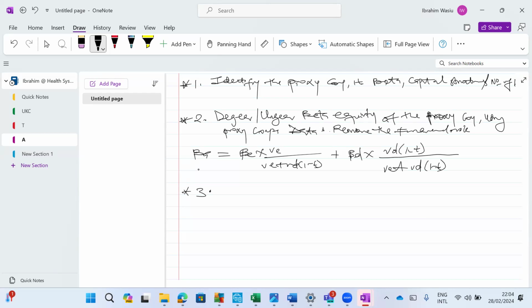Now, step 3 is: how do you want to finance it? Do you also plan to have some level of debt for this new line of business? If yes, you now need to calculate what we call better equity of your own new company based on how you want to finance it.